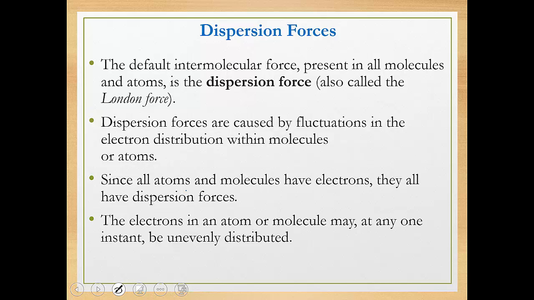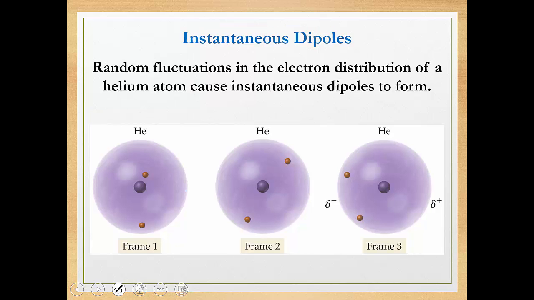The electrons in an atom or molecule might at any given instant be unevenly distributed. That doesn't mean they're that way all the time, but something can disrupt that pattern and create an uneven dispersion of electrons, and that creates forces, temporary dipoles, that can hold these molecules together.